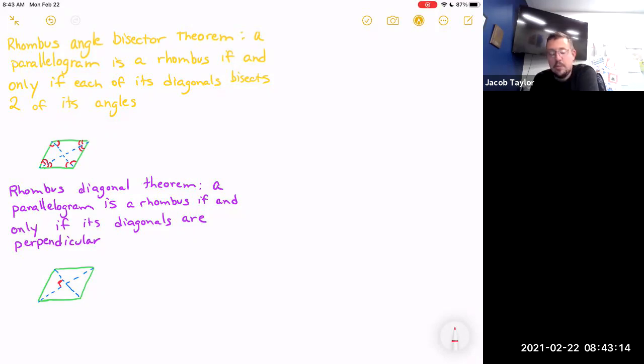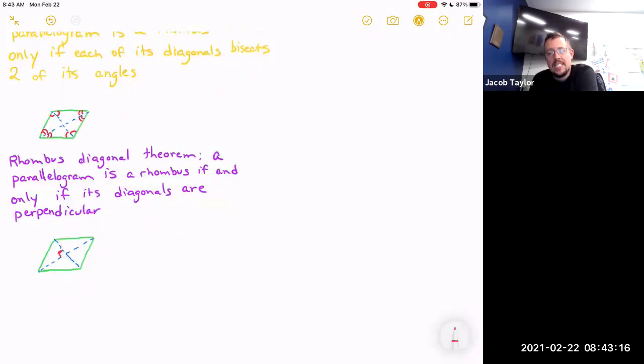Now, what's really going to bake your noodle is that since the diagonals of a rhombus bisect each other, and all of the sides are the same, that means this, this, this, and this are all congruent, and this and this are congruent.